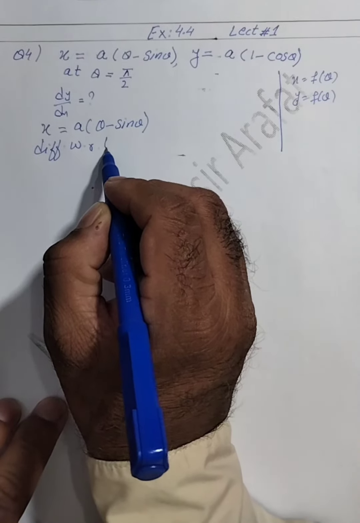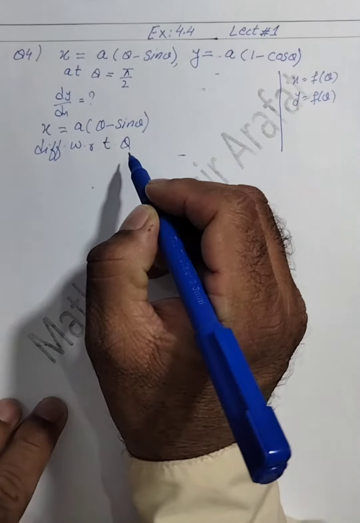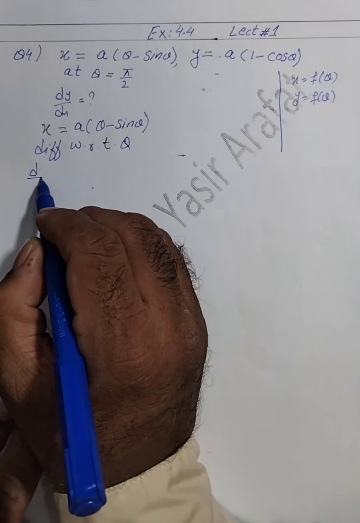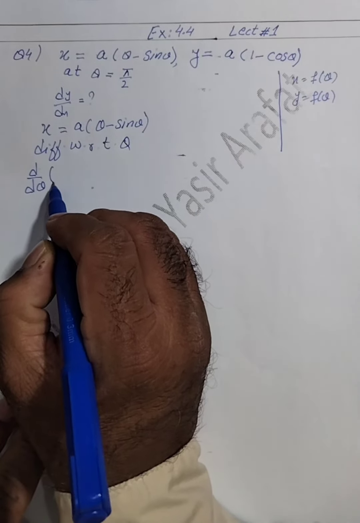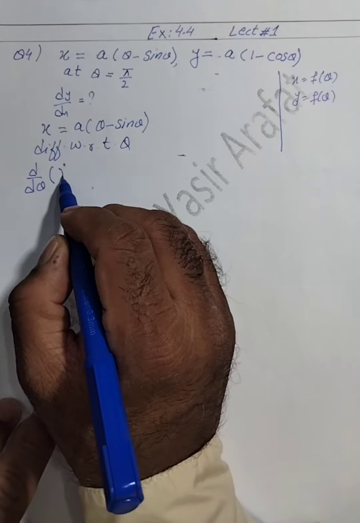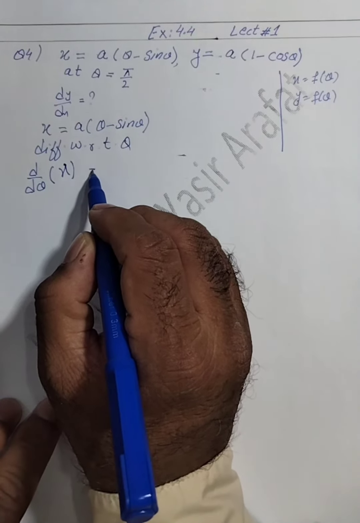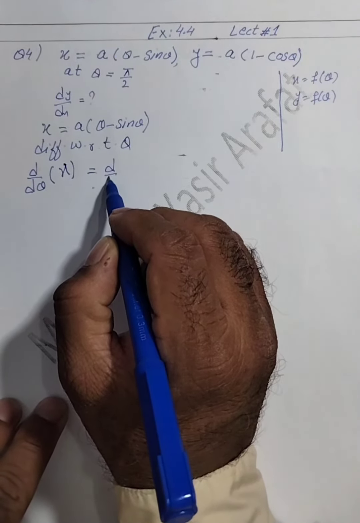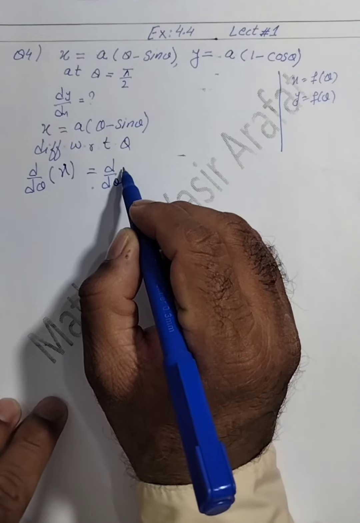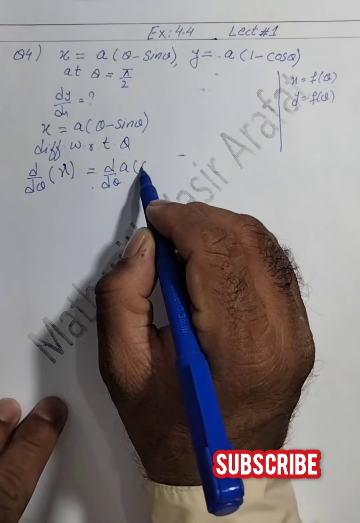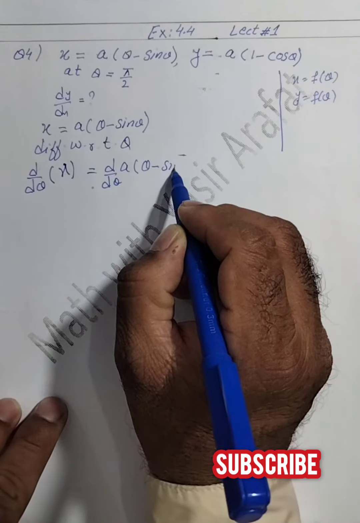with respect to theta. So we just apply the operator d over d theta. This is x, d over d theta of a times (theta minus sine theta).